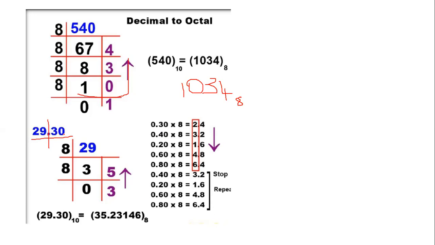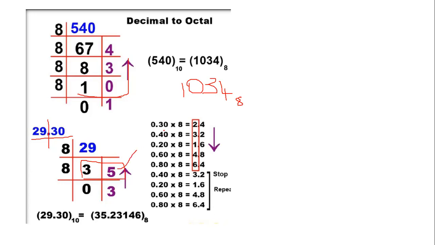After the decimal point, multiply by 8. So for 29, 8 times 3 is 24, and the remainder is 5. Then it won't go further. So my answer is 3 and 5, so 35 is my answer. This side is finalized.